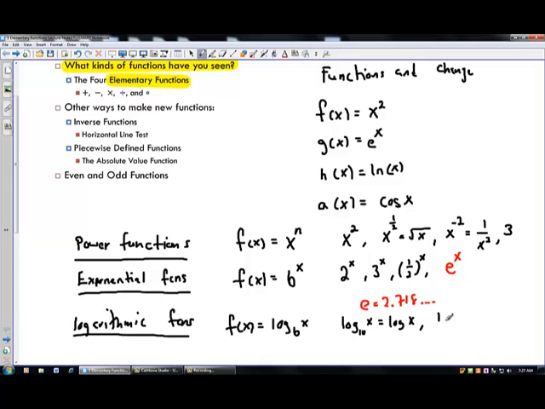You could also have log to any positive base, so log base 2 of x. For us, there's going to be one specific logarithmic function we're interested in, which is the natural logarithmic function, which we write ln of x. We'll talk a lot about this. These are connected. They're actually inverses of each other, which we'll talk about today.